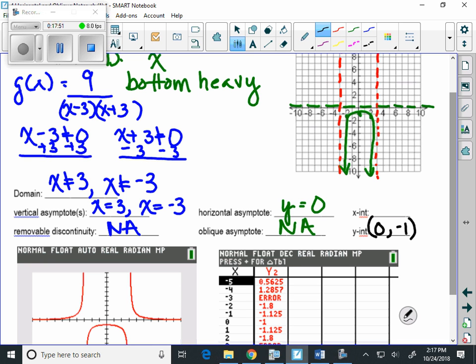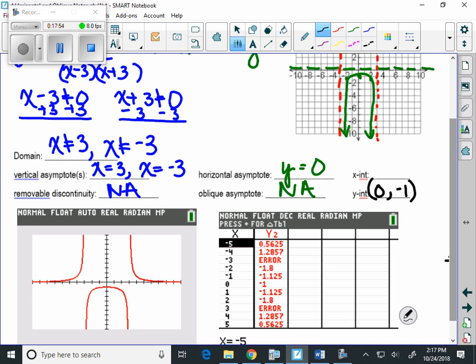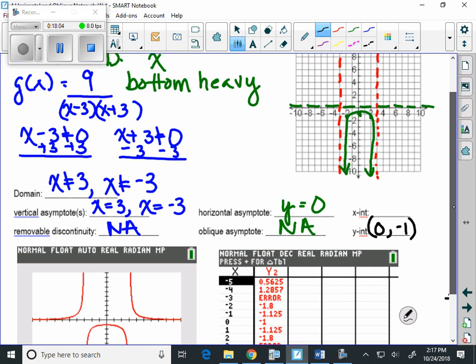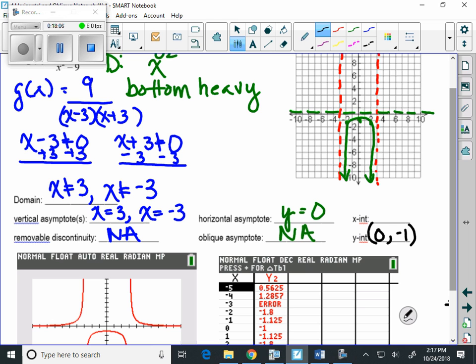When we go back here and look at some other values, again, they're not super pretty, but I graphed -4, 1.3. So I'll have to estimate there, and -5.56. But again, look at your screen of your calculator there.